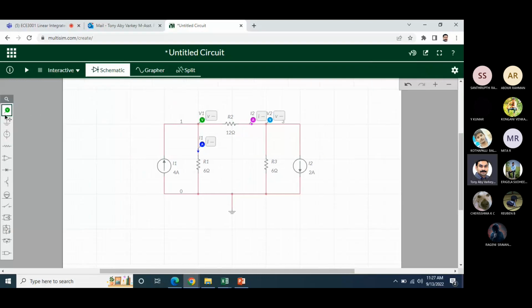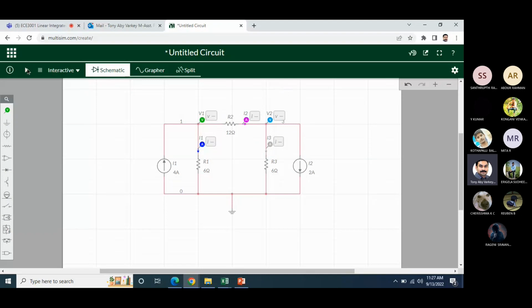Now one more current probe, change it to I3 so that I can measure. I'm just giving the name, that's all. I'll move this a little to this side so that everything can be visible.